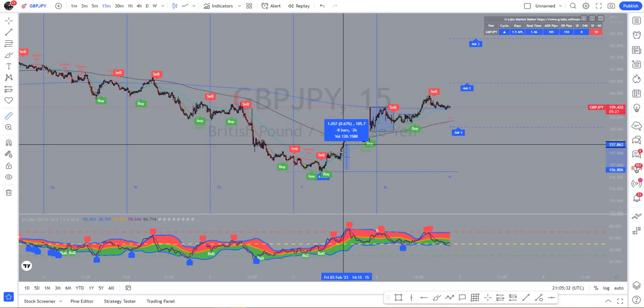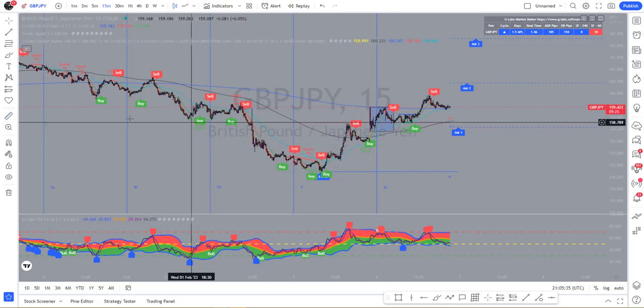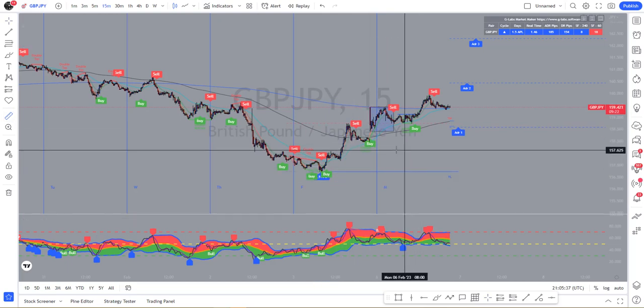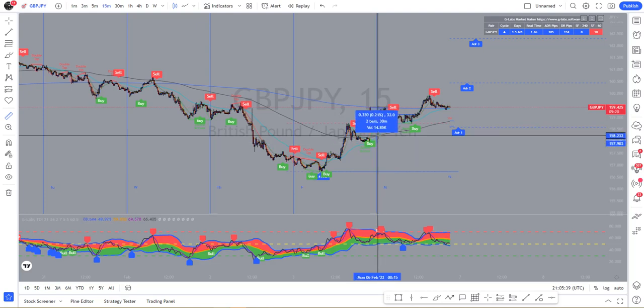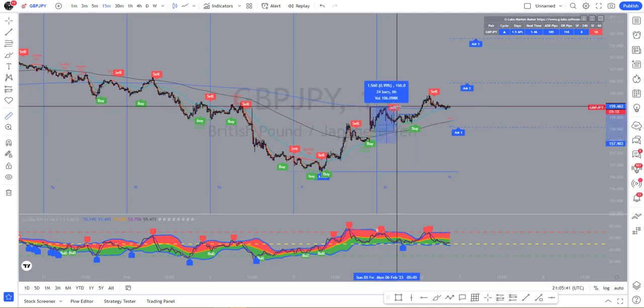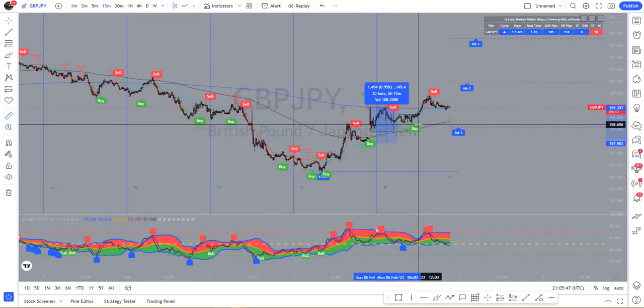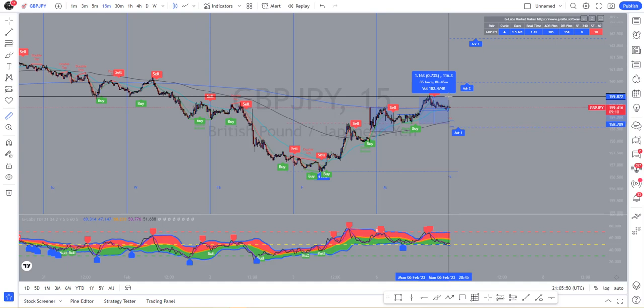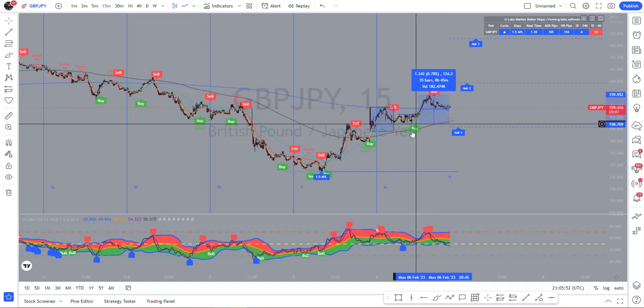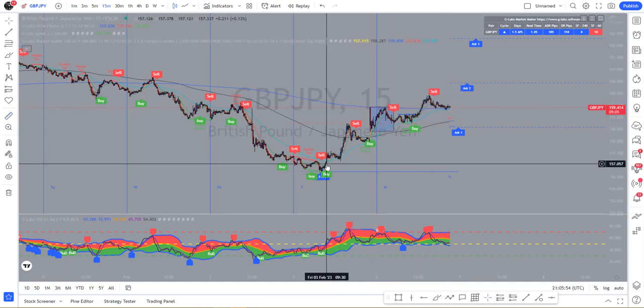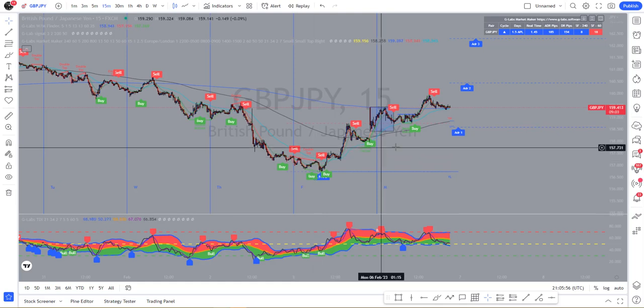About 200 pips, and then the following day we had another buy signal, giving us 156 pips, and then the following day we have another 124 pips. So overall a really nice amount of gains.